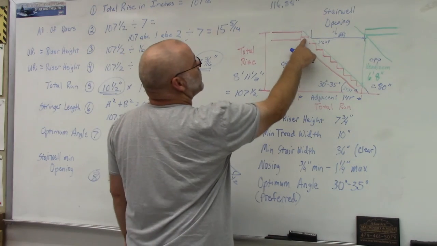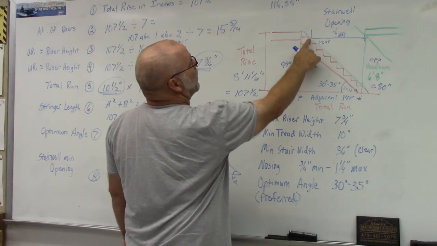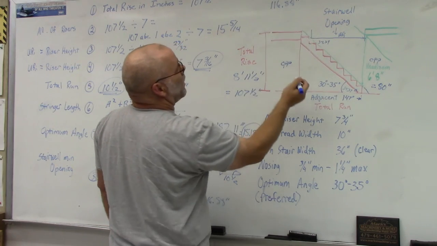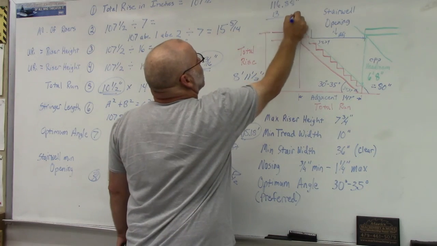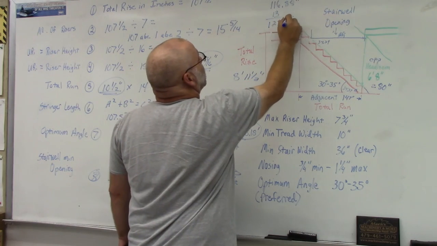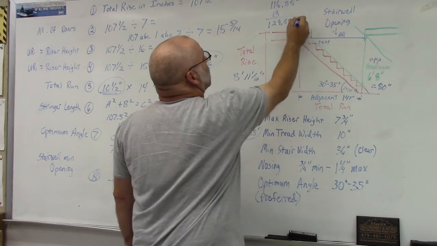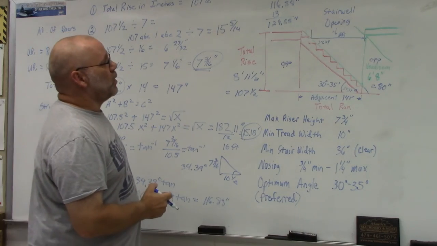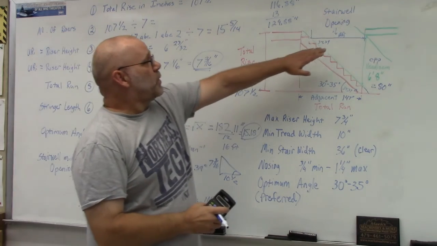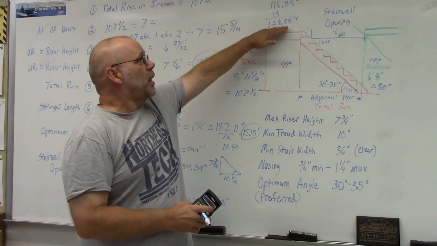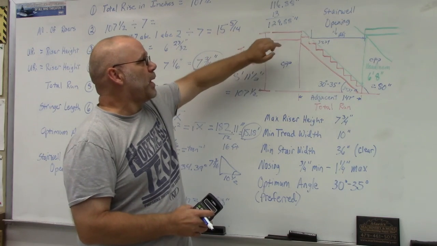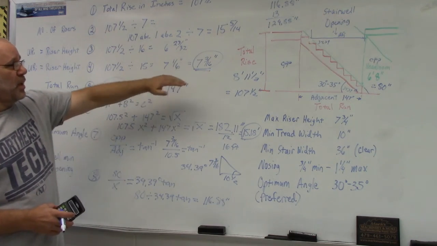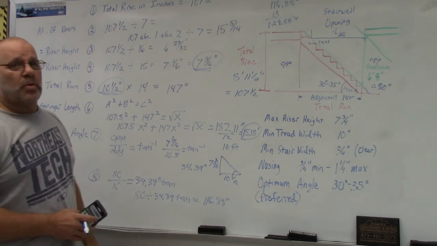So our tread was 10.5, and let's say we're going to add another 2.5 inches, so we're going to add a total of 13 inches. 129.88 inches. So the stairwell opening has to be a minimum of 129.88 inches in order to fit a staircase that has a 7 3/16 rise with a 10.5 inch tread.